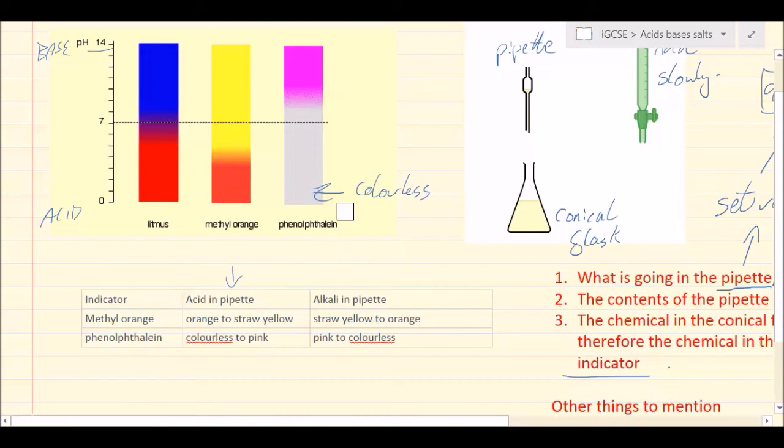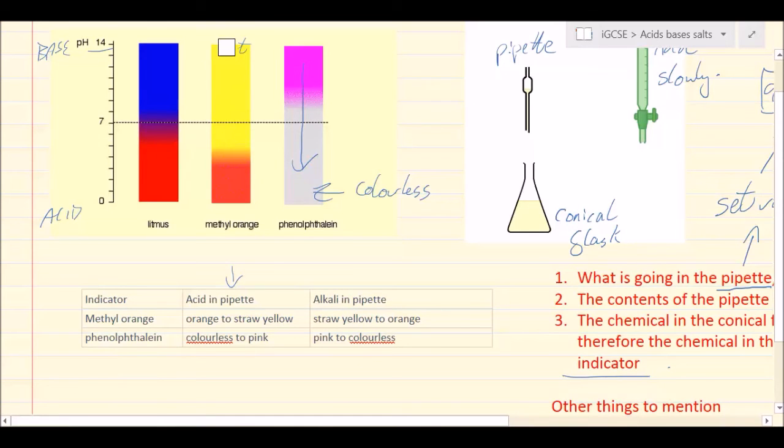Okay, now if we start with alkali in the pipette, therefore alkali in the conical flask, it's going to be the opposite. So we're going to start with this color, and so for methyl orange it's going to start as yellow and go to orange. So start as straw yellow and it's going to turn orange. And for phenolphthalein, it's going to start as pink and turn colorless.